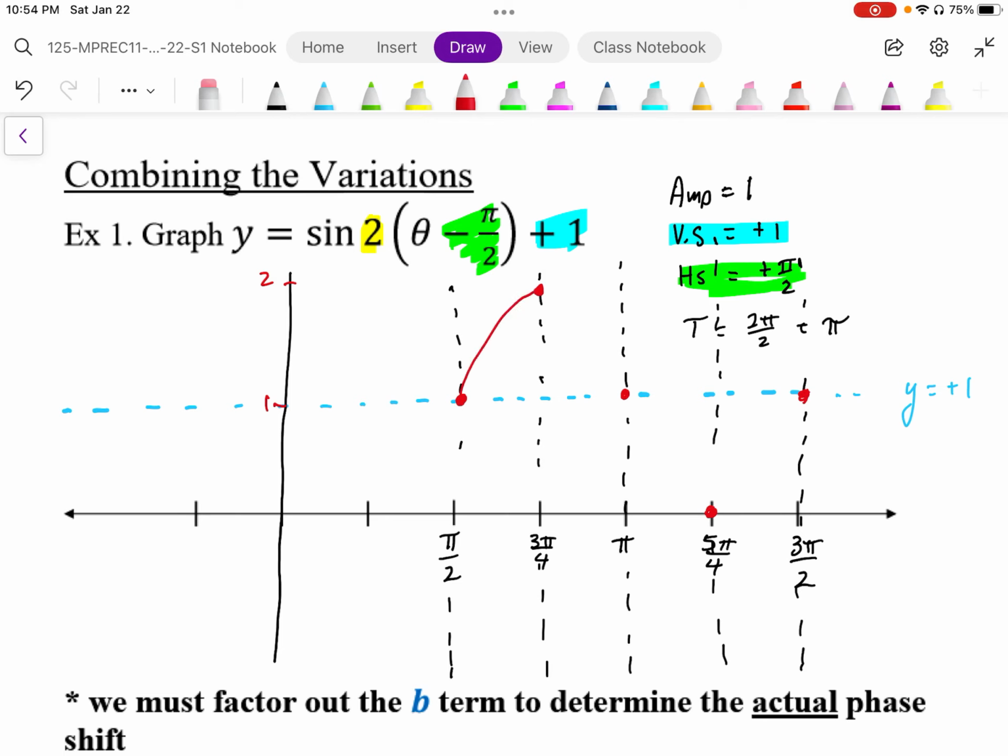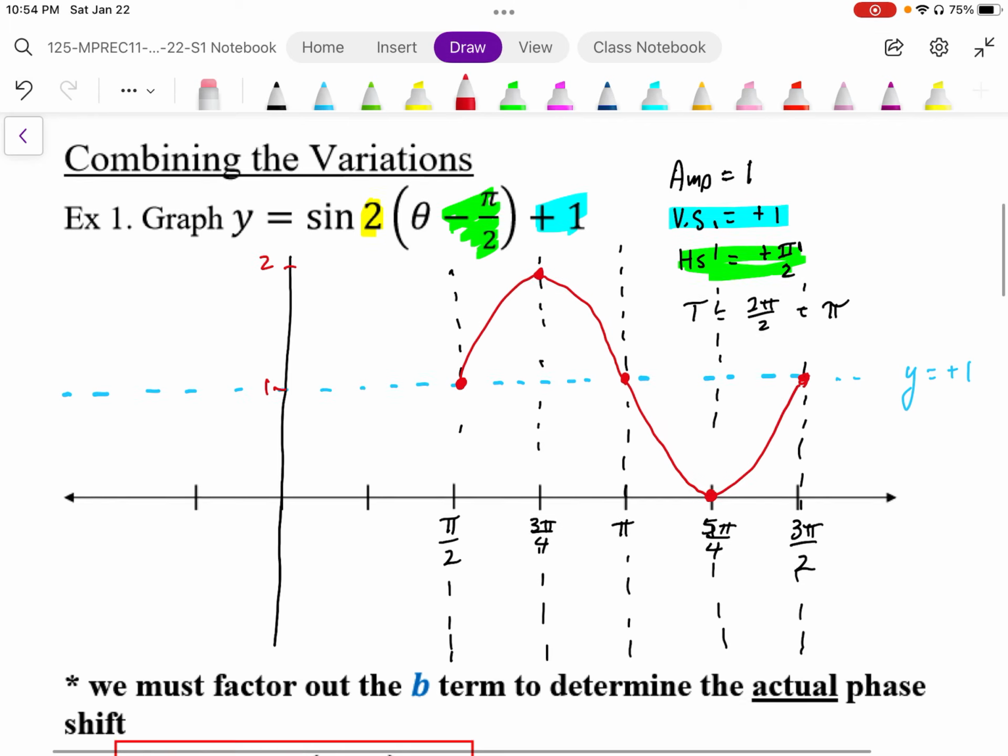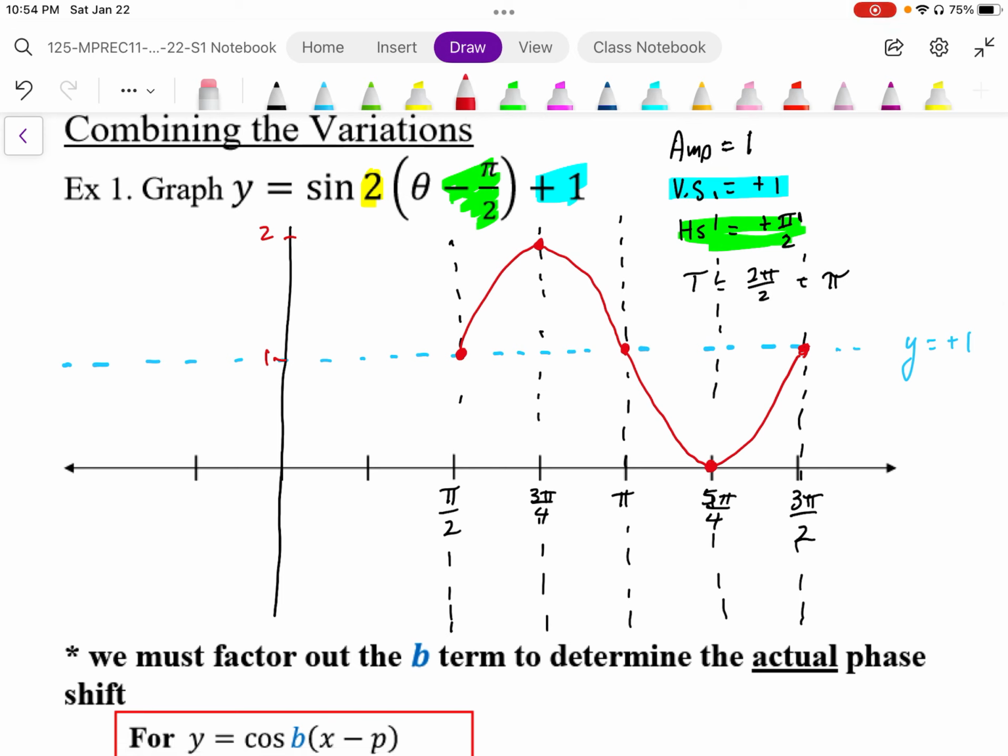I can draw my quadrants, quadrant 1, 2, 3, 4. And I should work out the coordinates. Here's 3 pi over 4 and 2. My minimum point here is going to be at 5 pi over 4 and 0.